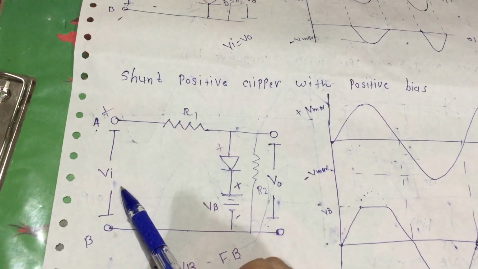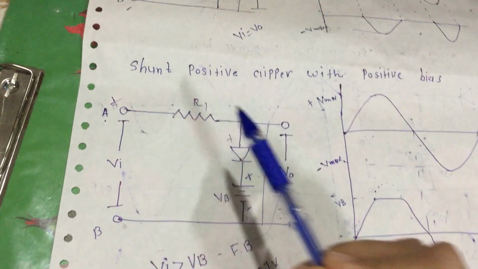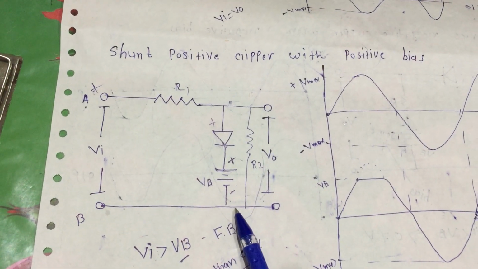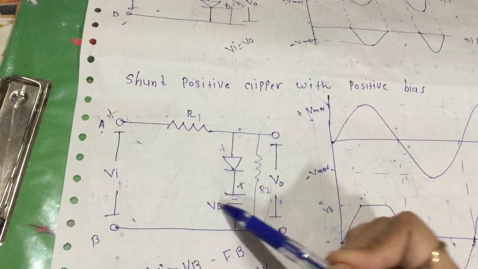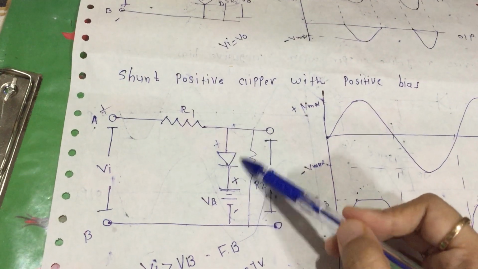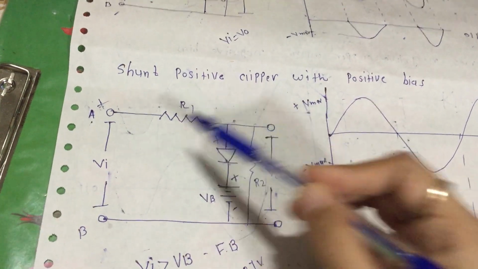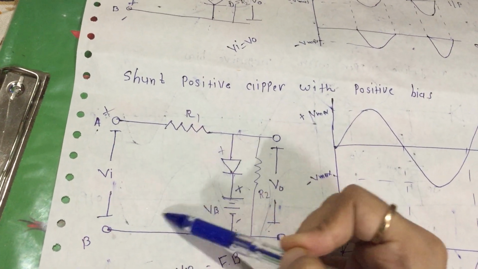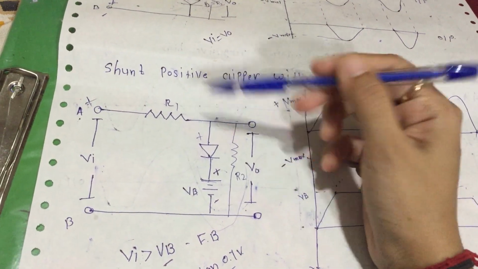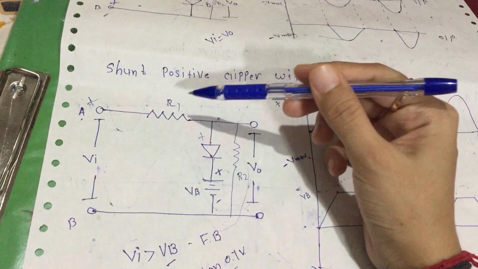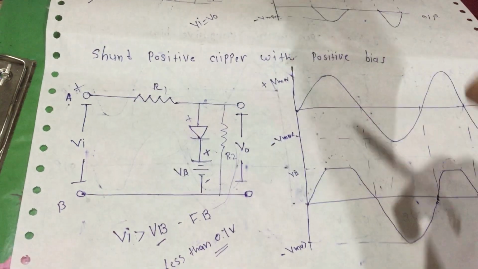So the voltage Vi is more than Vb. Okay, so this becomes the difference between this reverse bias circuit and this forward bias circuit. So the voltage is different, which is R2 minus R1, or you can say R1 minus R2, which is the same.